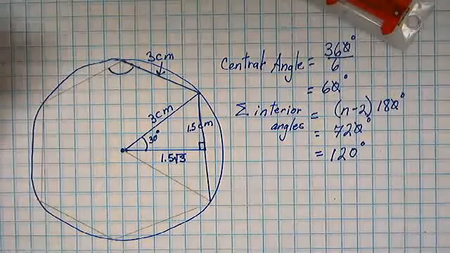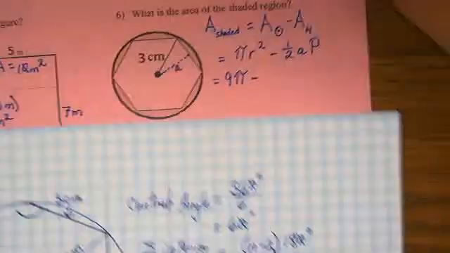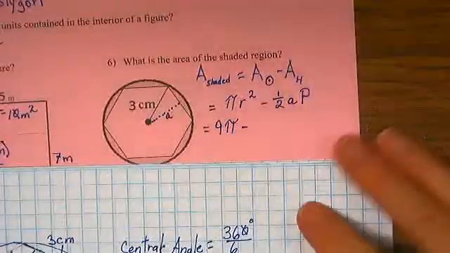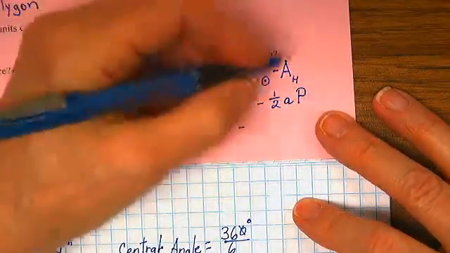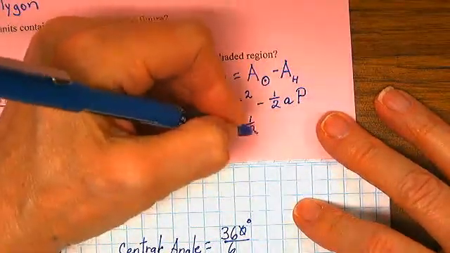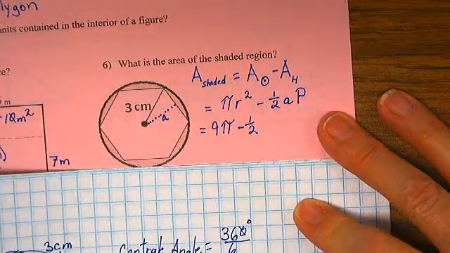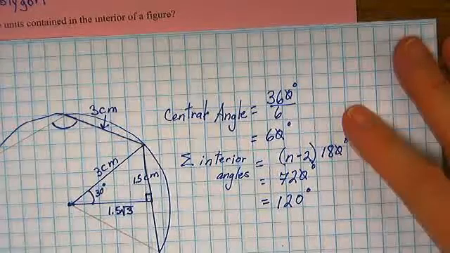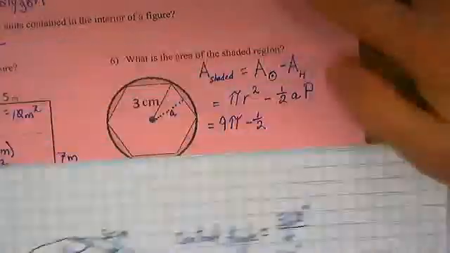So now I can solve my problem. The area of my hexagon is equal to 1/2 times the apothem. What's my apothem again? My apothem in this case is 1.5 times the square root of 3.